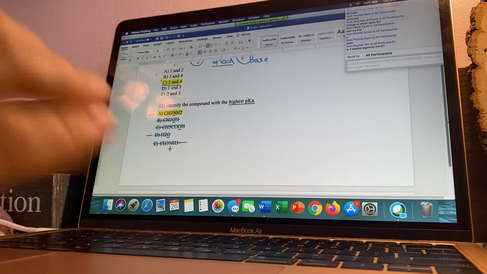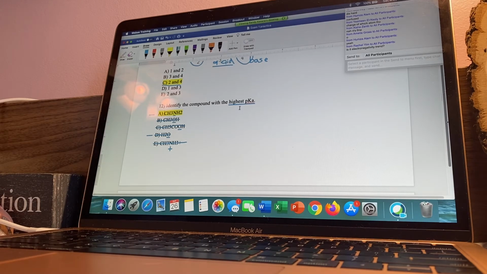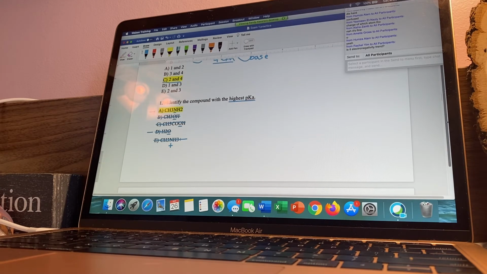One way to think about acidity is how strong the bond is between the atom and the hydrogen, right? So if I had oxygen connected to hydrogen versus nitrogen connected to hydrogen, right?